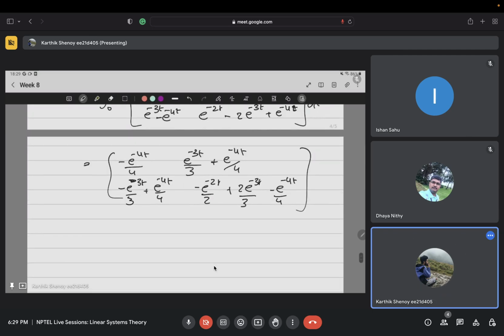This is from 0 to t1. You can just find the determinant of this and verify that it's always full rank, no matter what t1 is. You can check that using the determinant of this matrix.